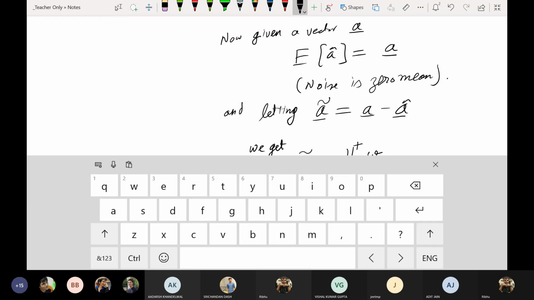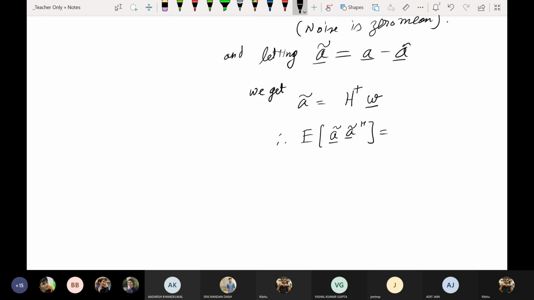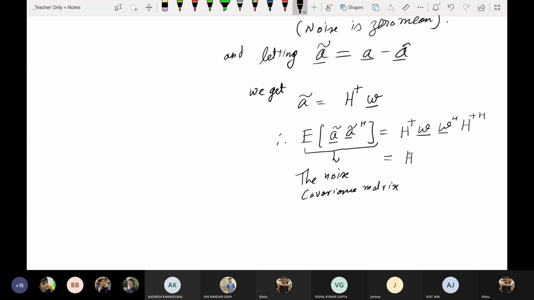So the covariance matrix, this is the noise matrix equals. Right. There should be an expectation here. Expectation goes inside.